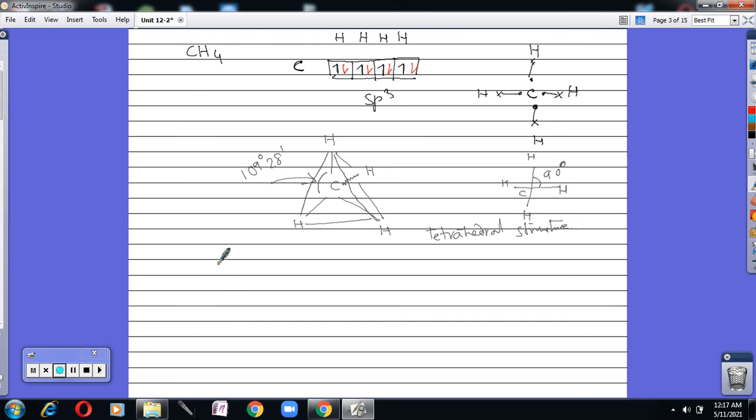Right. Our next example is C2H4. It is known as ethene, or we can write C double bonded. Actually, the structure is this one.